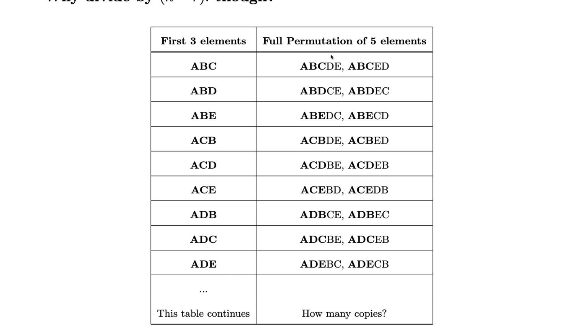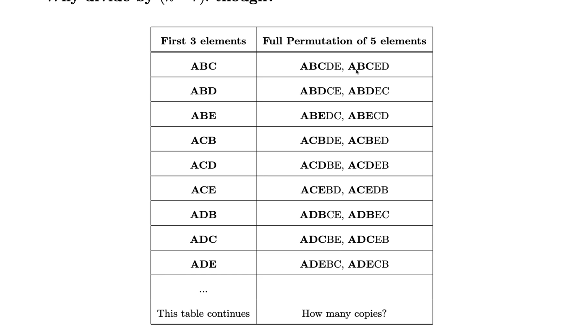But if you're not taking all 5 elements, if you're only taking 3 at a time, you can see in this first row, we have ABC with DE following it. Or you could have a different arrangement if you were talking about 5 elements of ABC with ED. You can see these 2 letters are switching.